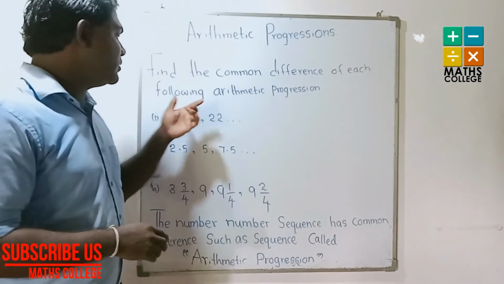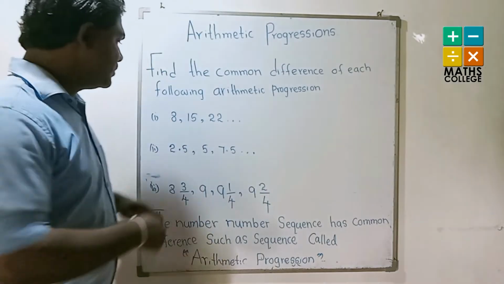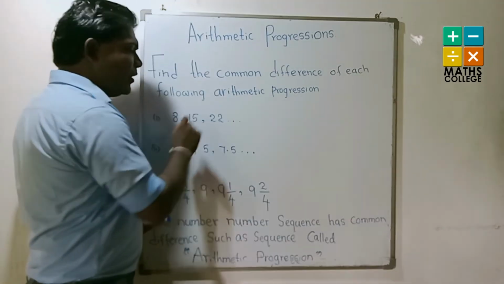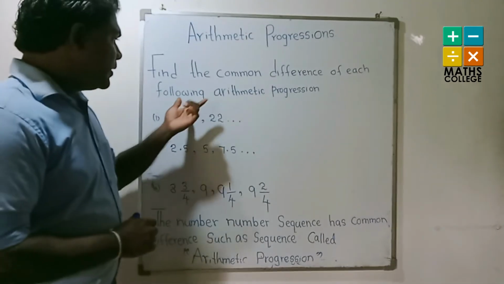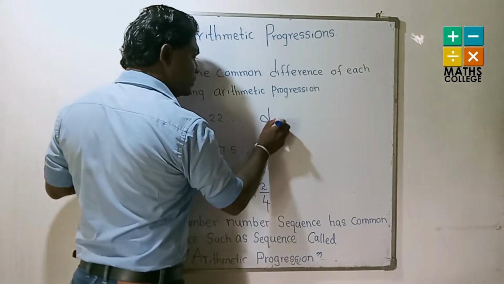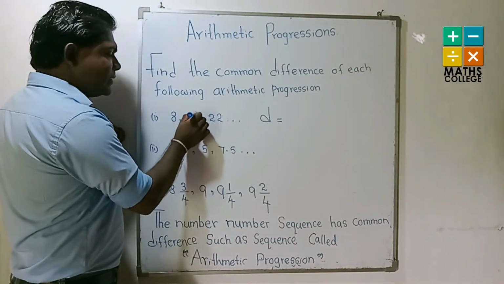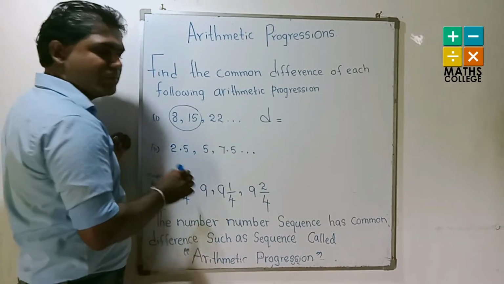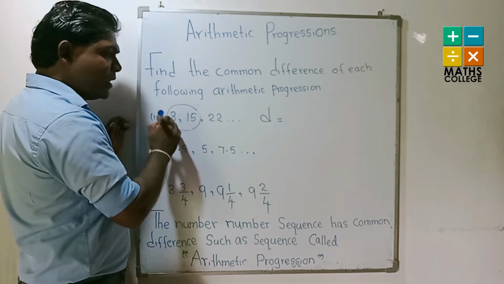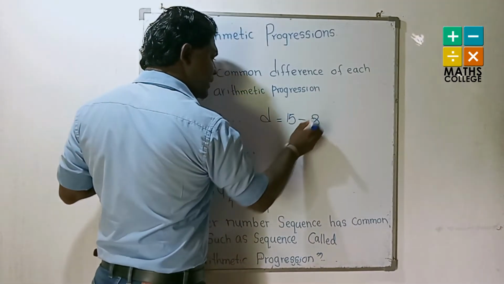Find the common difference of each of the following arithmetic progressions. Here the number pattern is 8, 15, 22. We can find the common difference. How? When we consider any two consecutive numbers, take 8 and 15. 15 is the second term and 8 is the first term.